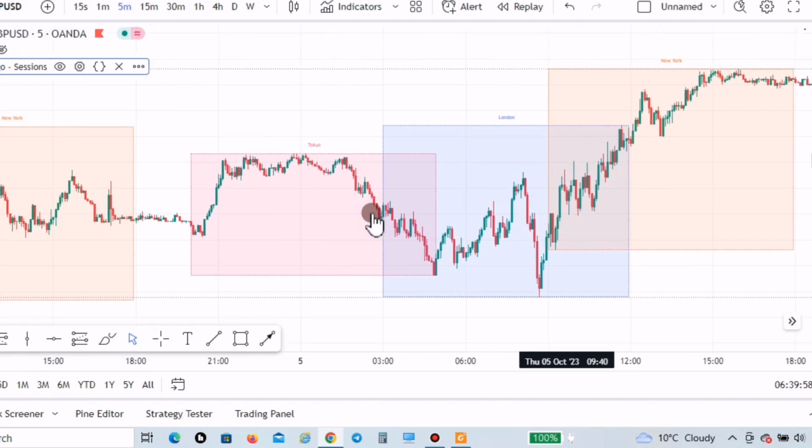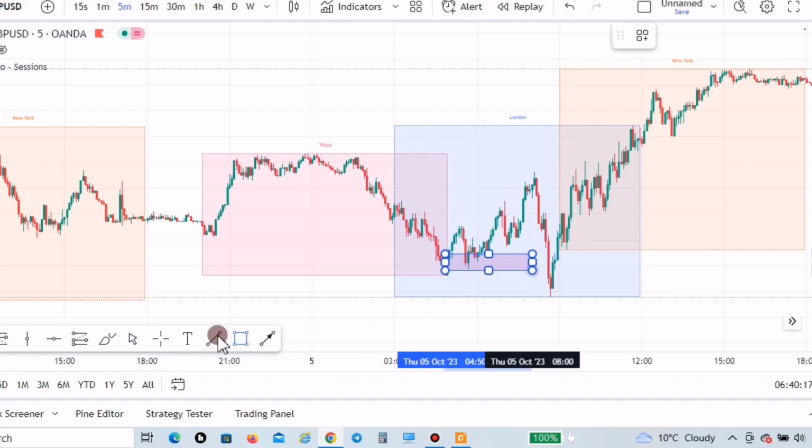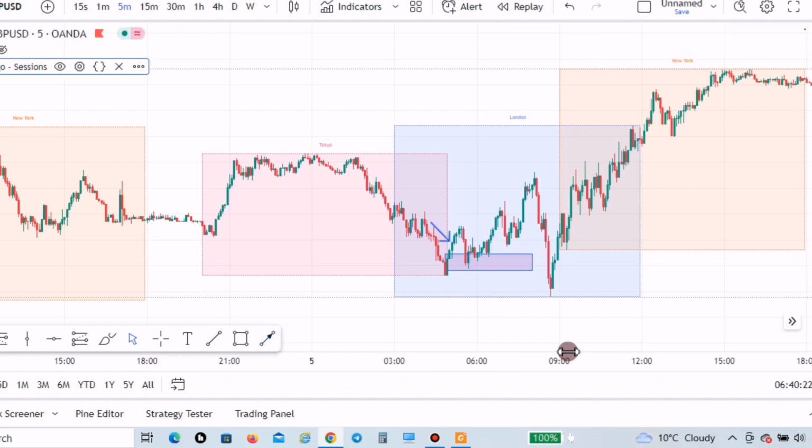That's how you should be looking for the entries. And another thing that you can do, let's say you entered a sell trade right here at the beginning of London and you didn't make much profit. At the end of Tokyo, you can increase your risk a little bit. You could have taken a buy trade somewhere there. After taking the buy trade, you can take it with more trades than you did the first time.